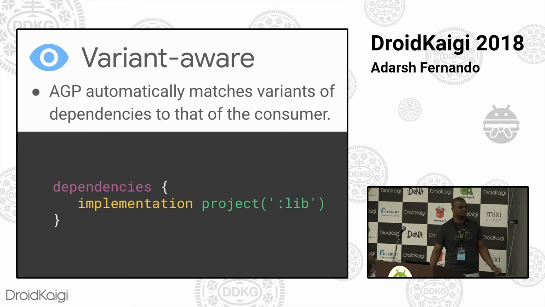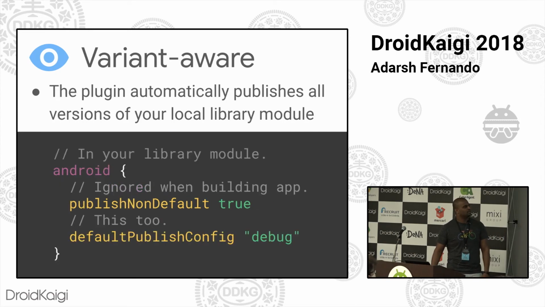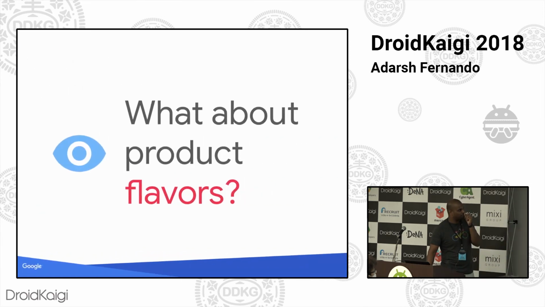In your dependencies, just implementation project, that library, and Gradle takes care of the rest. Almost, but we'll get into that. Same thing with your library module, if you're just consuming your library module locally, the plugin no longer really considers these properties because it automatically publishes all variants of your library to the app.